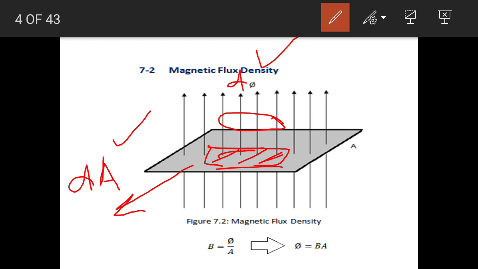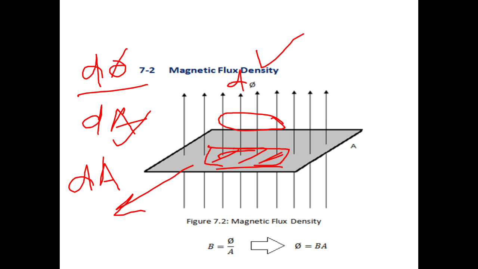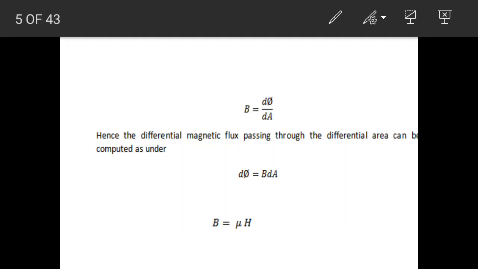So the magnetic flux density at any point in this magnetic field will be equal to the differential flux passing through this differential surface divided by the area of the differential surface. So the magnetic flux density at any point in the given magnetic field can be calculated with the help of this particular equation as well.